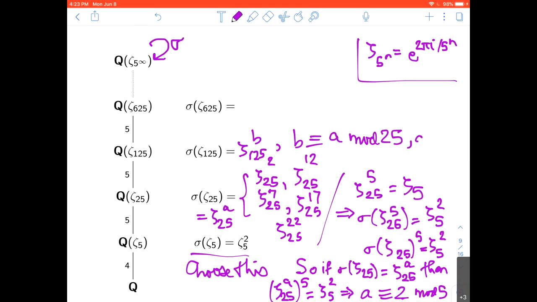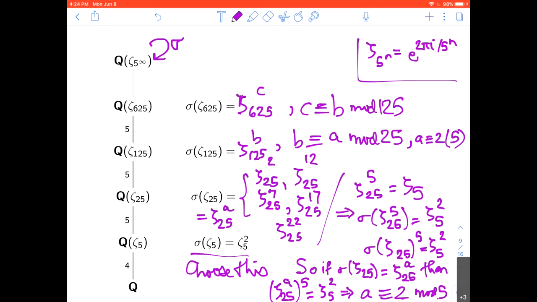And remember, a had to be 2. So there's a rolling consistency property. And this last example goes to zeta 625 to the c. The c, if you look at the consistency, has to look like b mod 125. And so you see, whatever choice you make along the way, the later ones are affected.